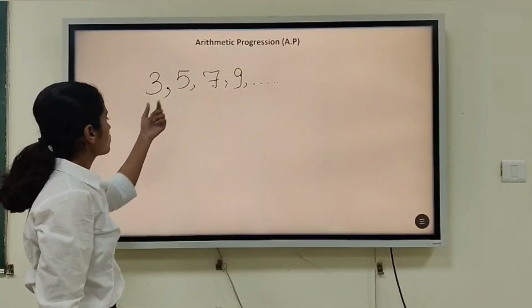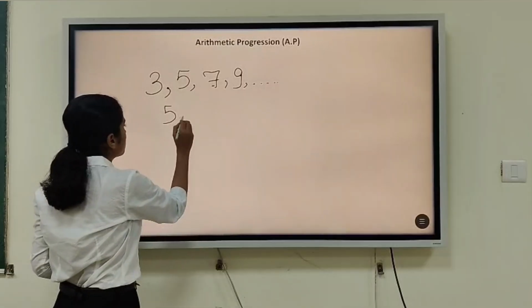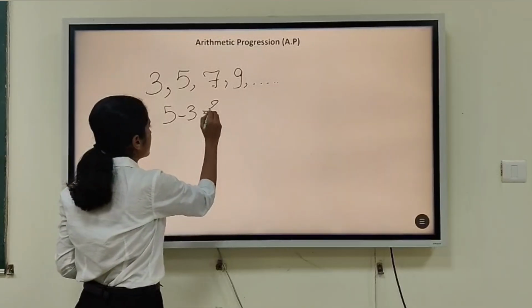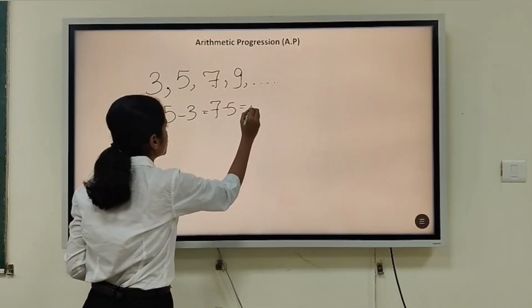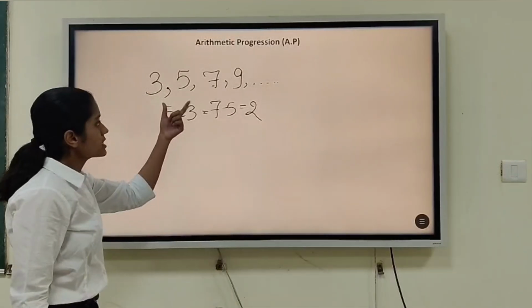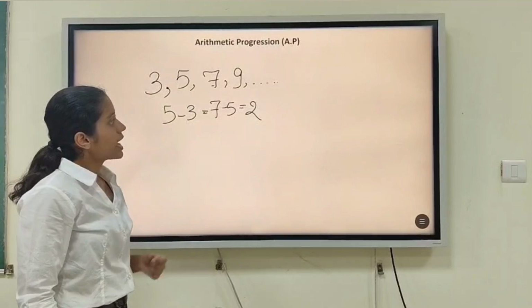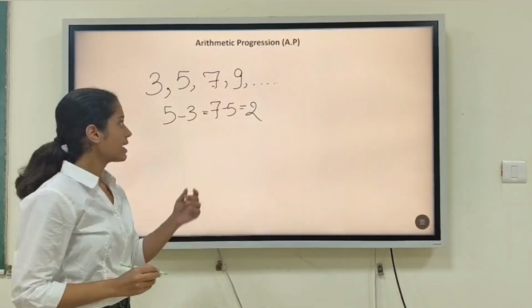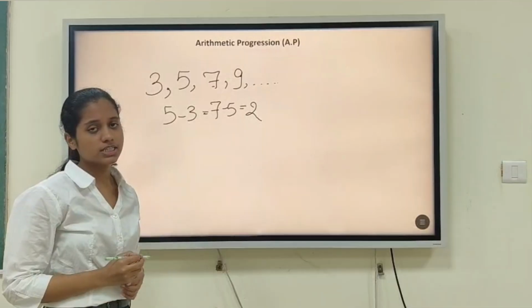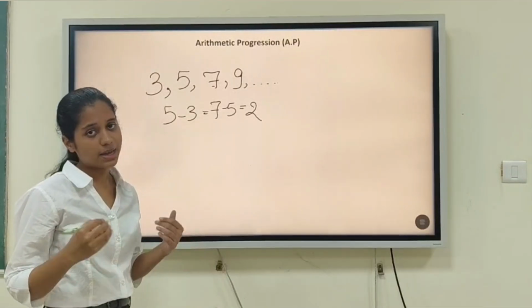Since the difference of consecutive terms in this sequence is constant, which is 2, this sequence is in AP. If I ask you to find the 50th term of this sequence, you can find it manually by looking at the sequence, but it will be difficult and time consuming.